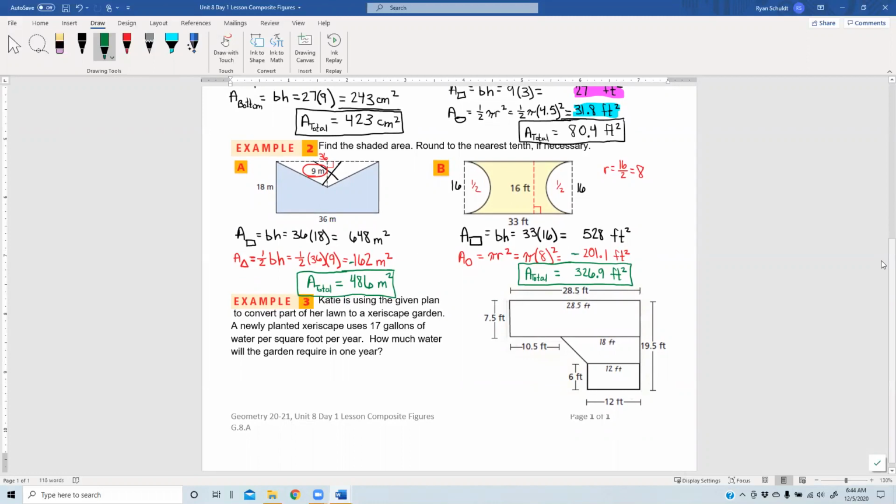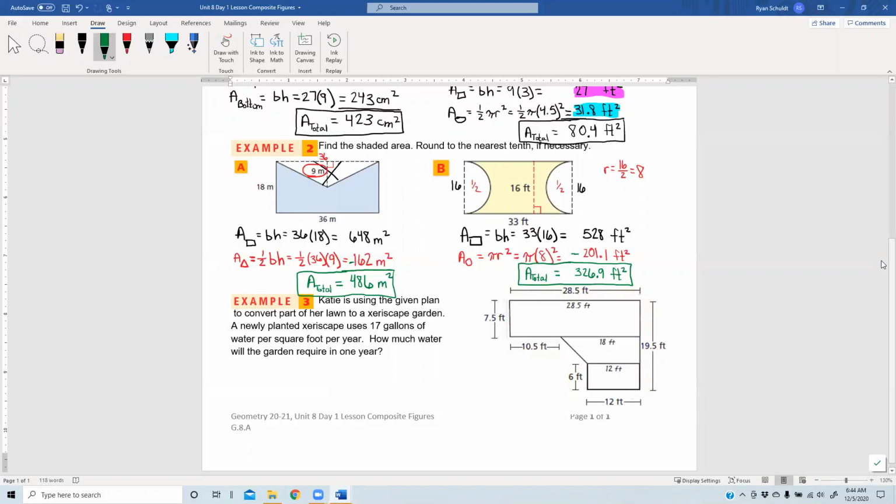It says Katie is using the given plan to convert part of her lawn into a xeriscape garden. A newly planted xeriscape uses 17 gallons of water per square foot per year. How much water will the garden require in 1 year?